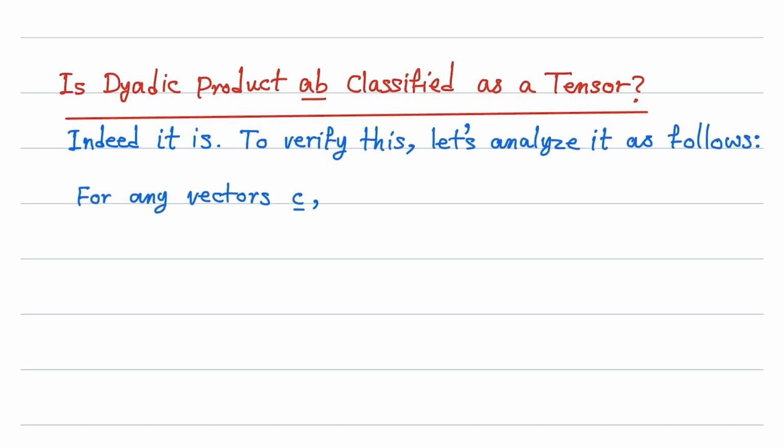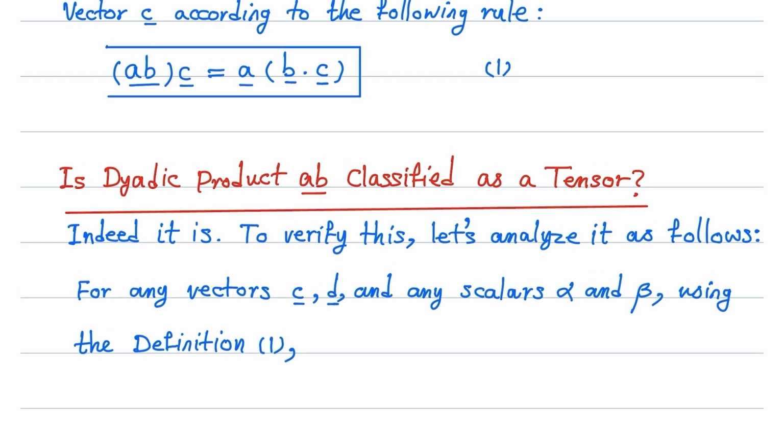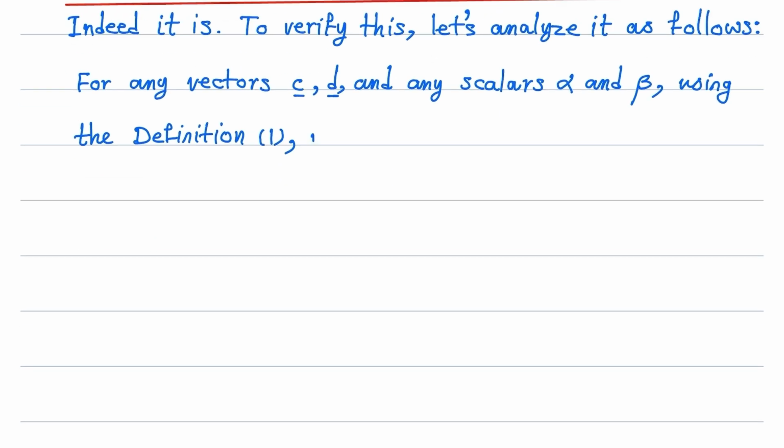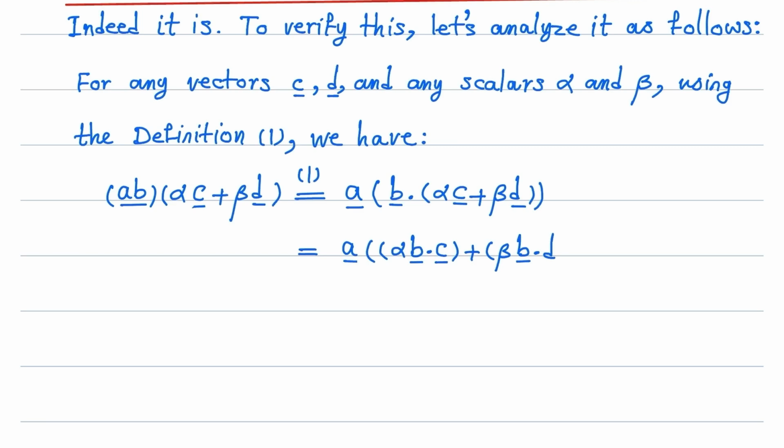For any vectors C and D and any scalars alpha and beta, using the definition 1, we have the dyadic product of vectors A and B acting on alpha C plus beta D, using equation 1, is equal to A multiplied by the dot product of vectors B and alpha C plus beta D. It is equal to A multiplied by alpha B dot C plus beta B dot D. The vector A is distributed to the bracket.